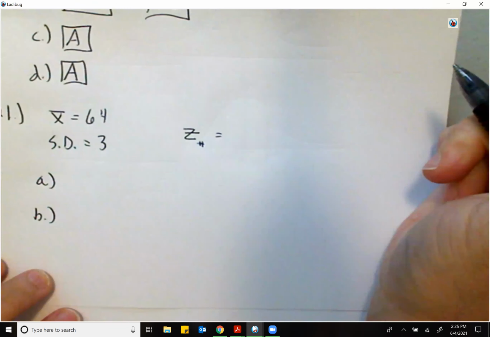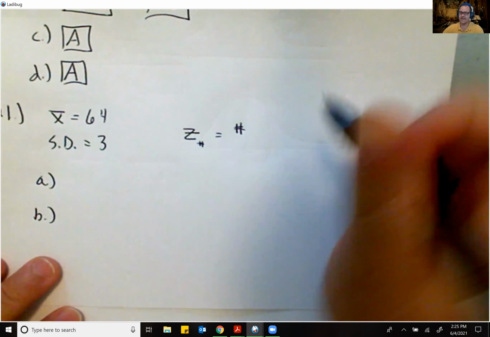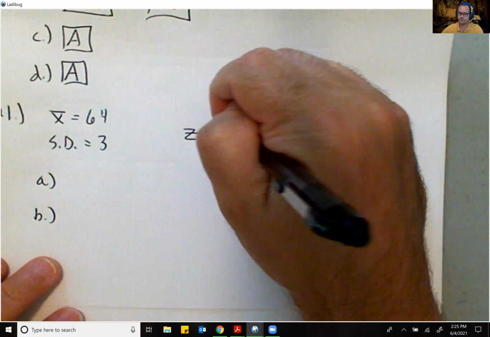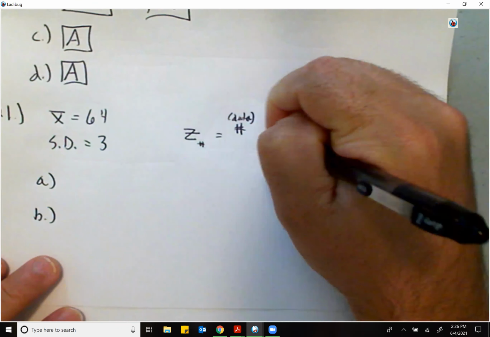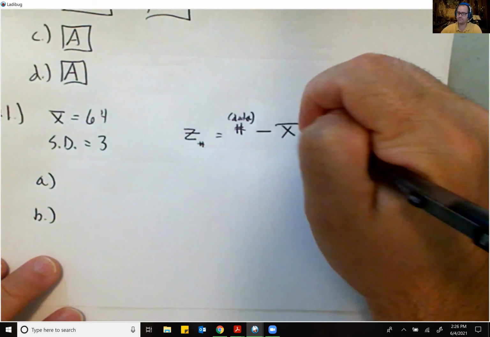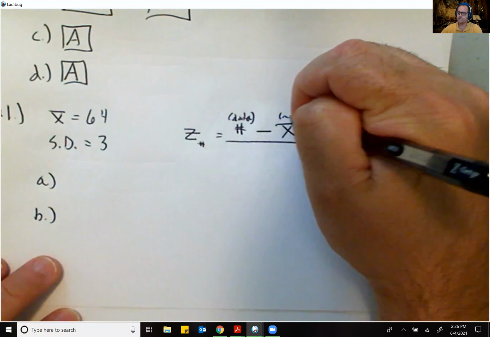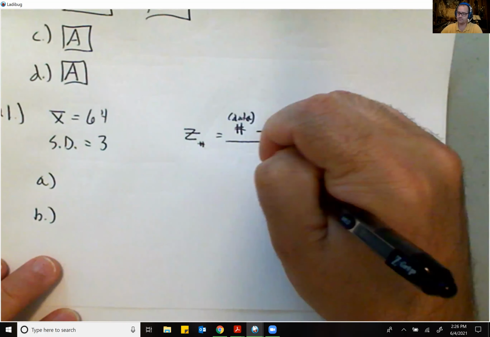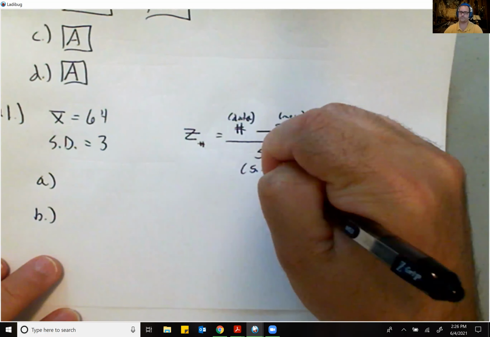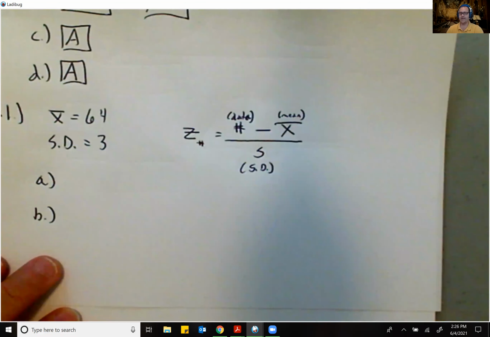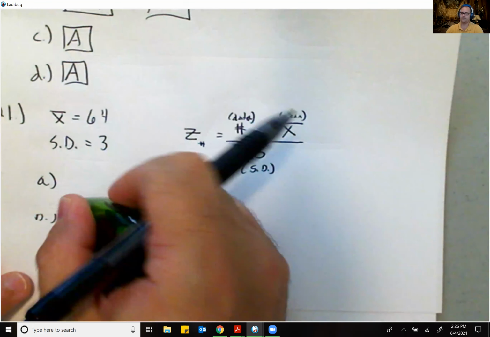It's the value minus the mean. That's right. Our number, our data entry, minus the mean, which is what we call X bar, divided by the standard deviation. So that's what we're going to be using for part A and B.